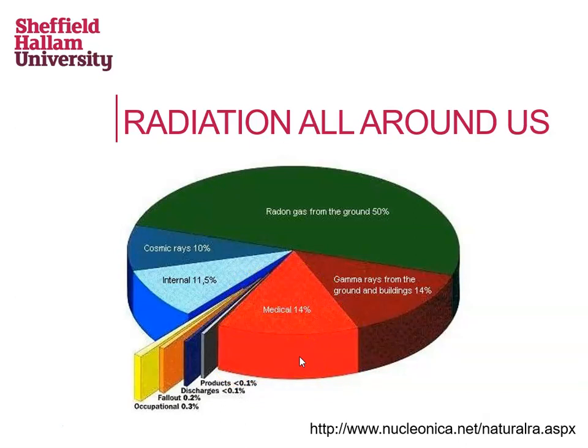Obviously for some people that's significantly higher, some people it's going to be very, very low. About half of it comes from the breakdown of radioactive elements and the formation of radon gas coming up from the ground. And if you live out in the high peaks in Derbyshire, you'll be exposed to much higher levels of radon gas than if you live in Sheffield, for example.